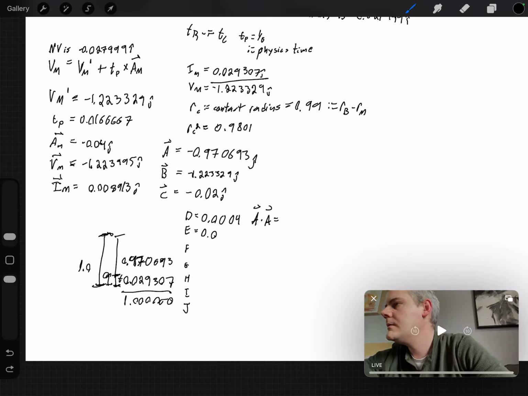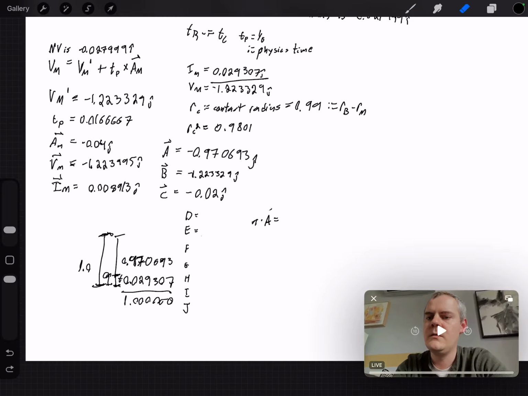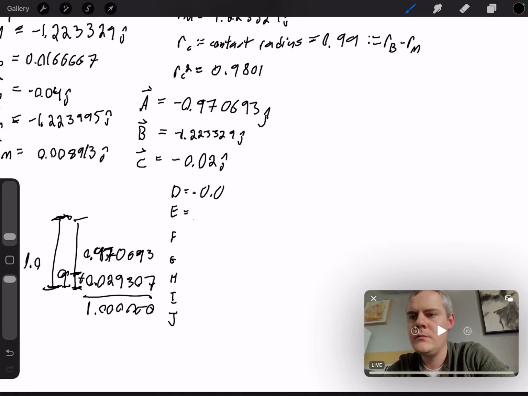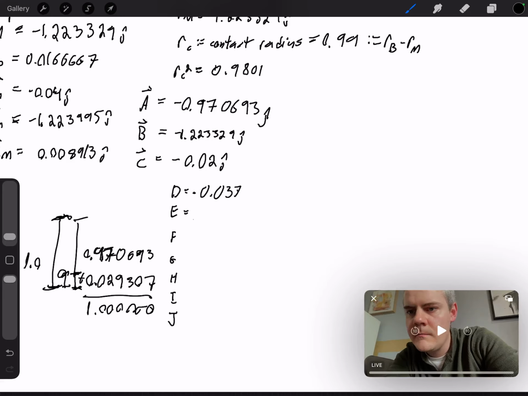Okay, stepping through some code. All right, some new D values, E values, etc. D, 375856.